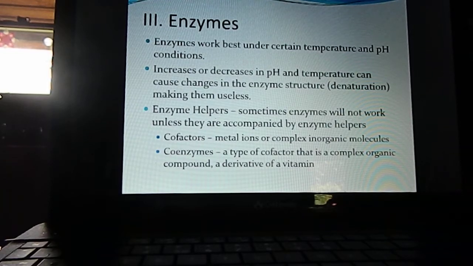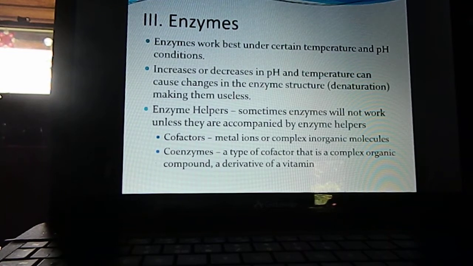Some cells do have helpers. These are small molecules that are attached to the enzyme, and if that molecule is not attached, then the active site unravels and it doesn't recognize the substrate. And so these enzyme helpers can be two different types. There are cofactors.